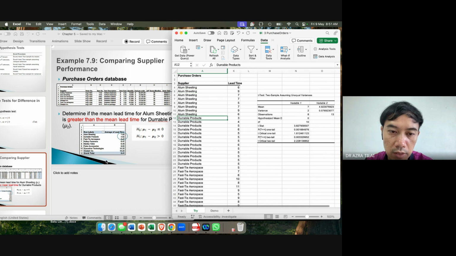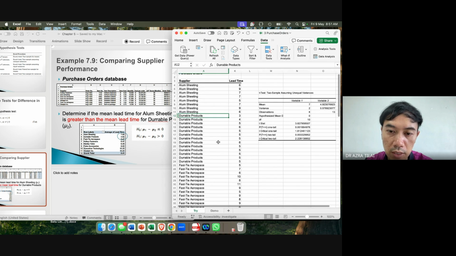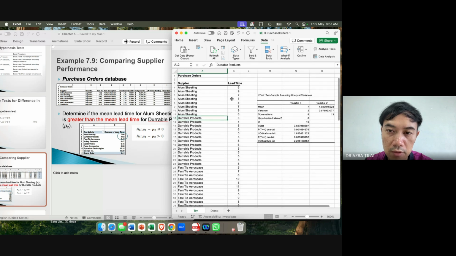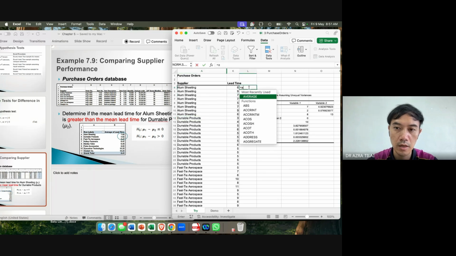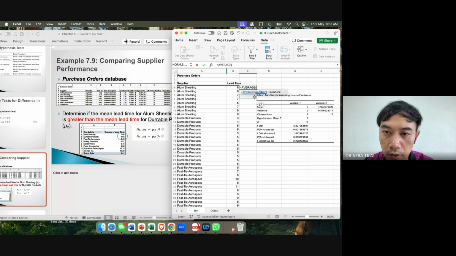So how do they get this? They use the pivot table. But this one, they immediately give you this thing. But anyway, if you do the average, right? To get the same average, equal average of this one, alum sheeting. Okay, close. Okay, you get 7, right? 7.